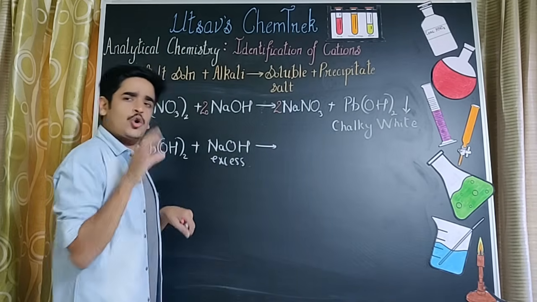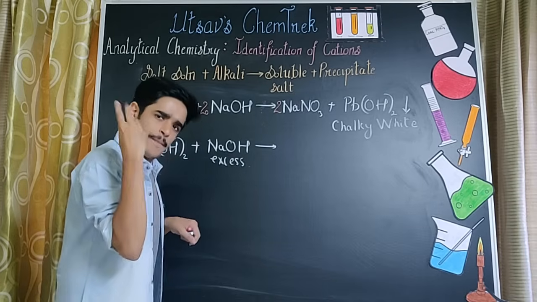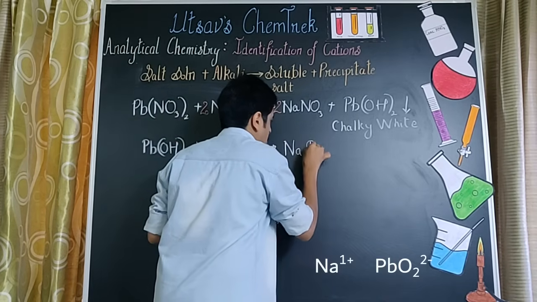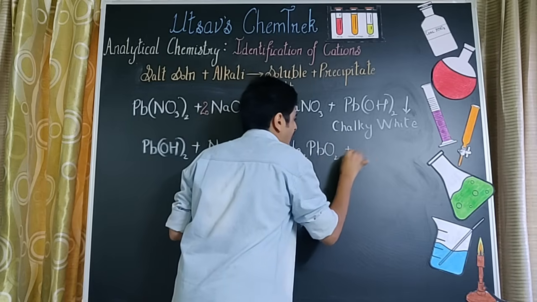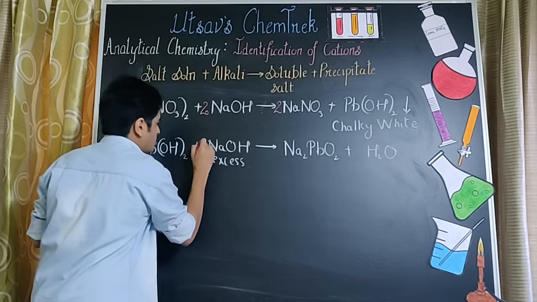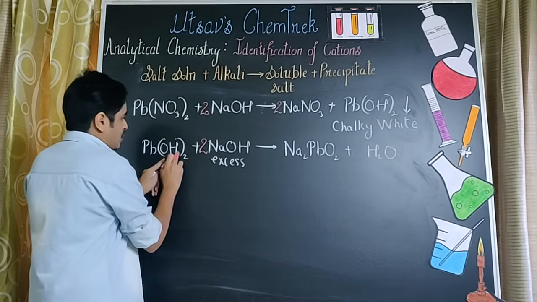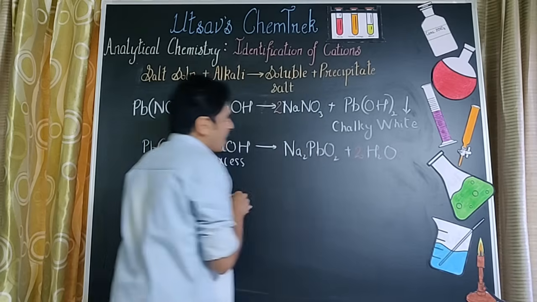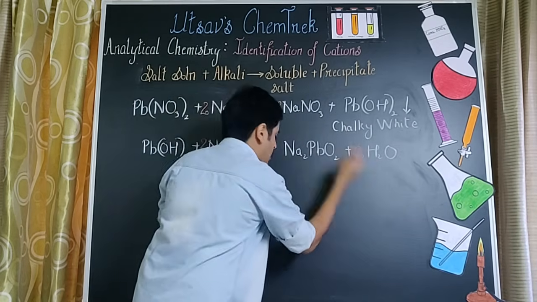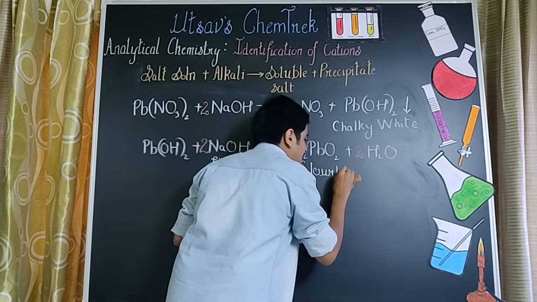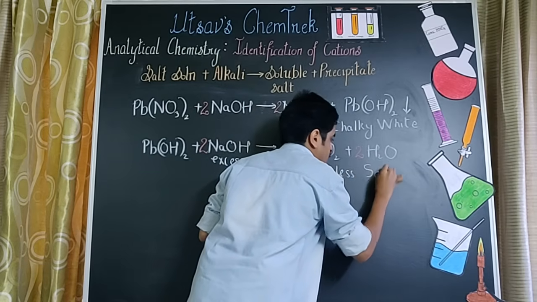I am going to get a complex salt. नाम है sodium plumbite, given by the formula Na2PbO2 and with the formation of water. To balance, 2 सोडियम है तो यहाँ पे 2 H2, total 4 hydrogen, so 2H2O. Now when this complex salt dissolves in water, I am going to get a colorless solution.